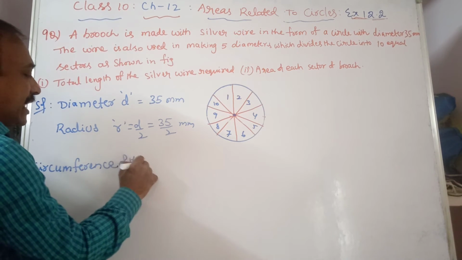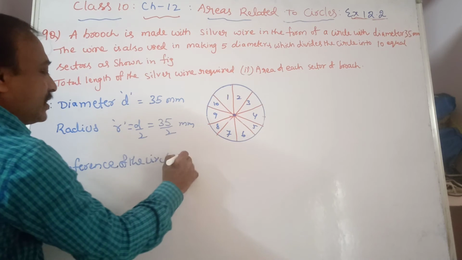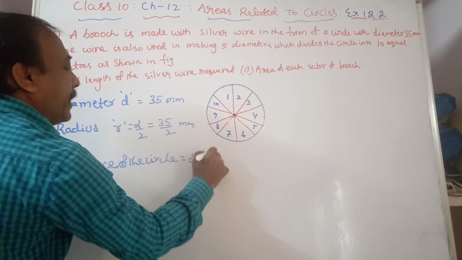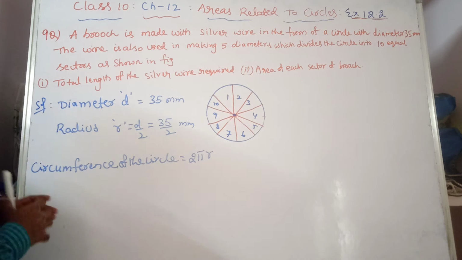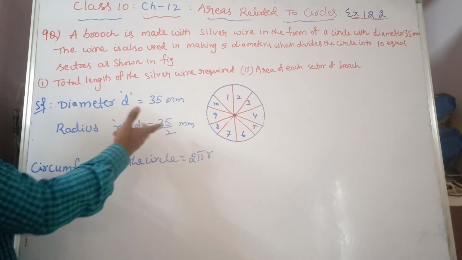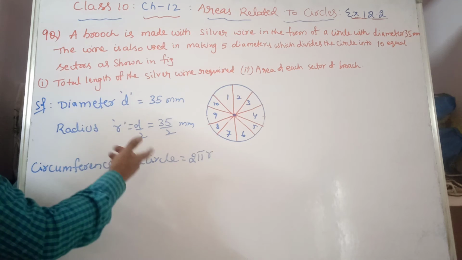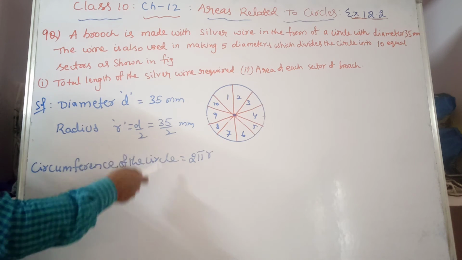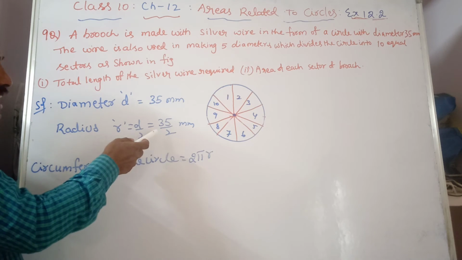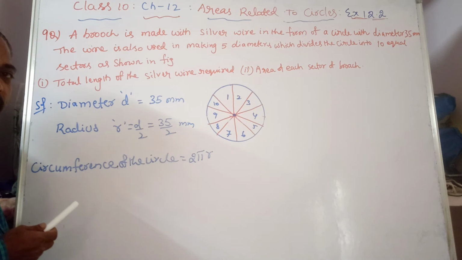Circumference of the circle is 2 pi r. Here you need not calculate the radius also; directly you can use pi d. Are you following? You can use pi d or you can use 2 pi r also.